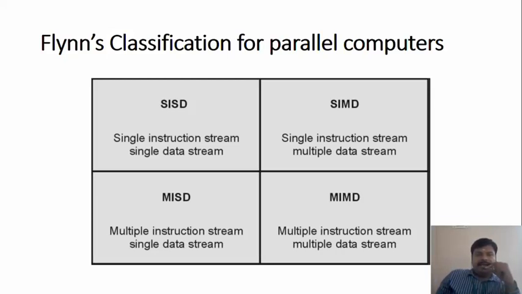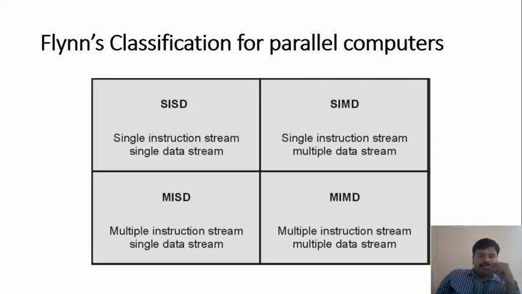First one is SISD, that is single instruction stream and single data stream. Next one is SIMD, that is single instruction stream but multiple data streams. Next one, multiple instruction streams and single data stream. Followed by the fourth one, multiple instruction streams and multiple data streams.